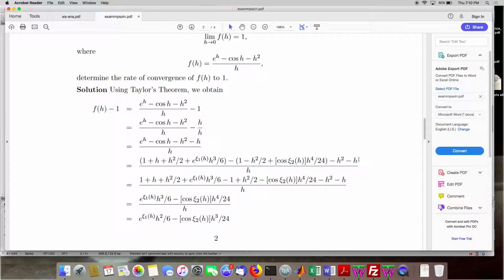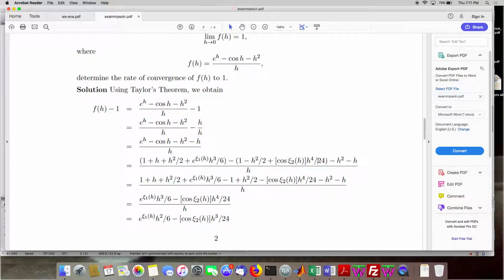It cancels with the h over here. Notice we also have an h squared over 2 here and a plus h squared over 2 here. It cancels with the h squared here. It's only when you get to cubic terms, this one for exponential, and then a 4th degree term for cosine.